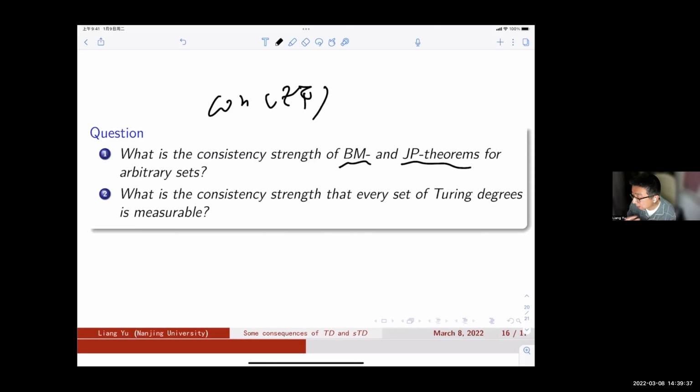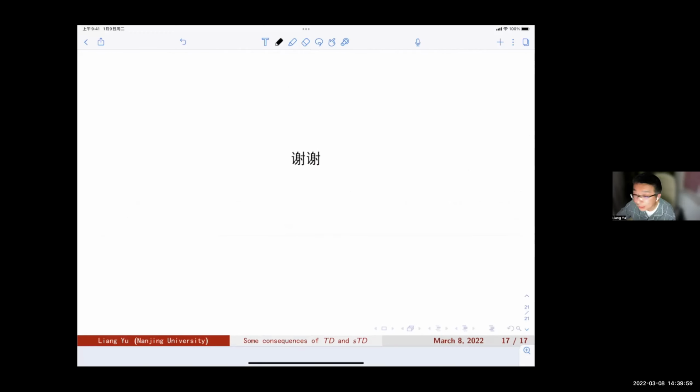But at least some of his students told me Shelah's argument cannot be generalized to sets of Turing degrees. So we don't know. It's open. Okay, thanks.